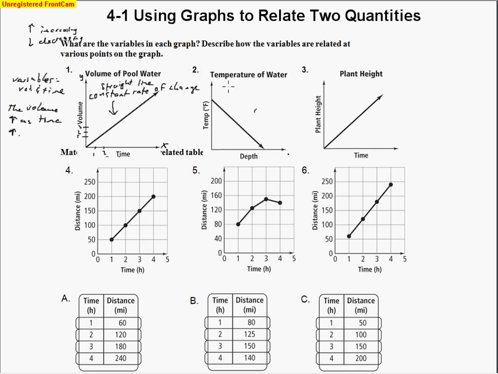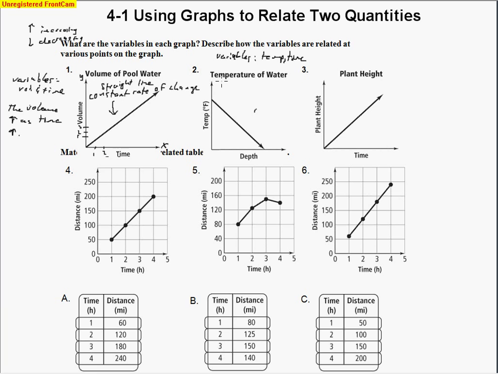Over here it says the temperature of water, and we have our first of our variables. Our variables in this case are just going to be our x and y axis, what it says they are. So it's temperature and time. As I look at it, I've got another straight line, but this time it's a decreasing line. So what that means is temperature is decreasing.